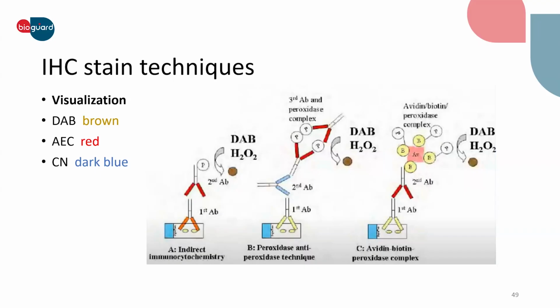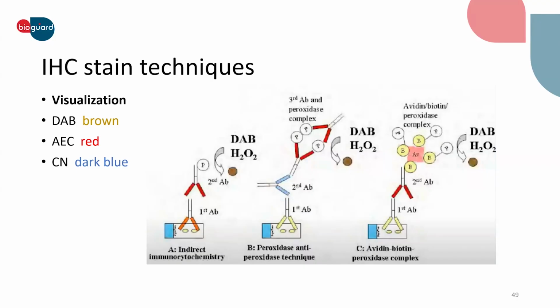The second one is the PAP method, peroxidase anti-peroxidase. We add a third layer, an anti-peroxidase plus HRP complex. The signal is stronger because more enzyme is delivered to the site. It is more sensitive but more complex to perform. The third one is the ABC method, avidin biotin complex.